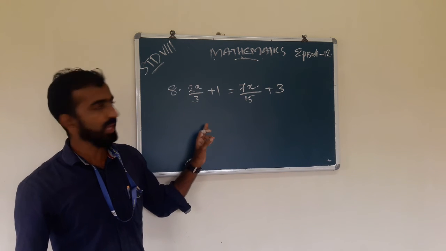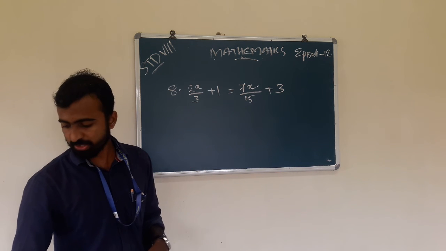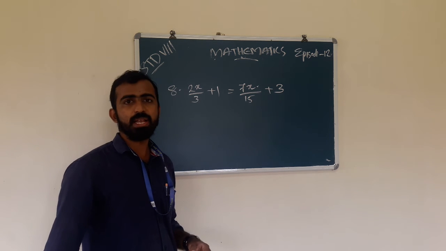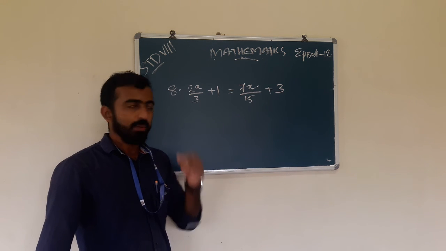That is 2x by 3 plus 1 equal to 7x by 15 plus 3.